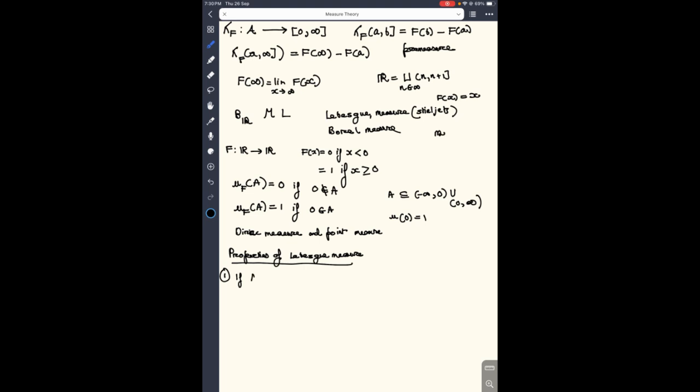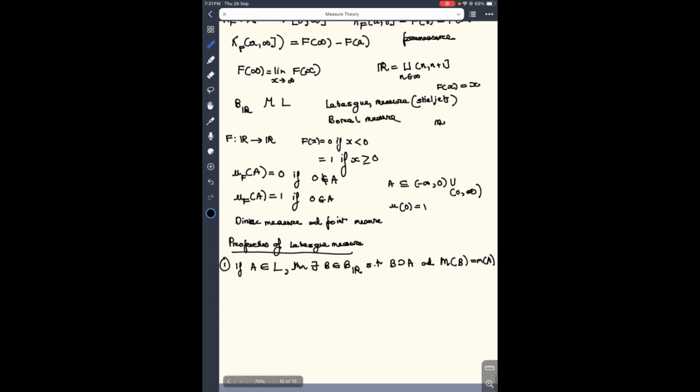If A belongs to the Lebesgue sigma algebra, let's call this L, then there exists B belonging to the Borel sigma algebra such that B contains A and m(B) equals m(A). So we can actually get a Borel set containing A such that m(B) is equal to m(A).